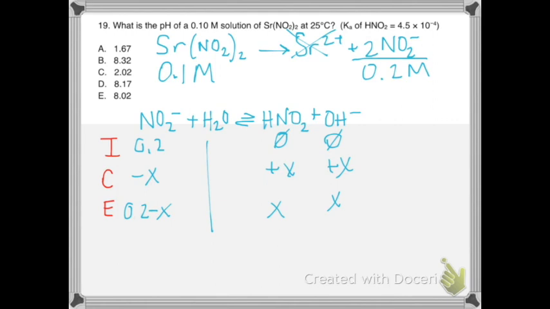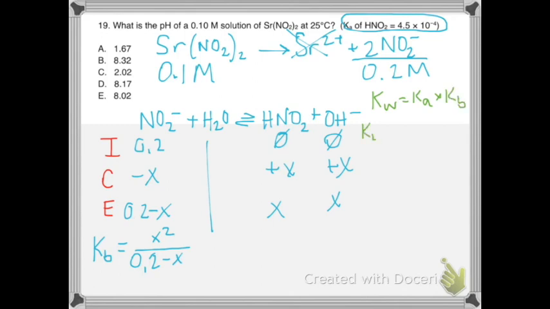Okay. And so now we can write our equilibrium expression. We know that Kb will be equal to x squared over 0.2 minus x. Not this again. They gave us Ka, but we need Kb. So we'll use that handy dandy equation that says that Kw is equal to Ka times Kb.